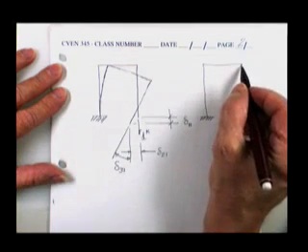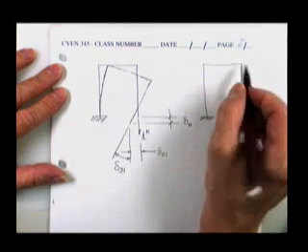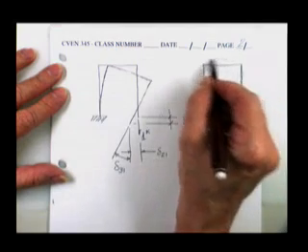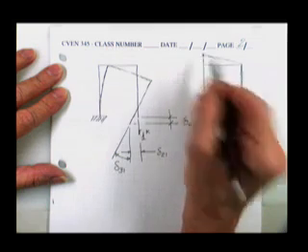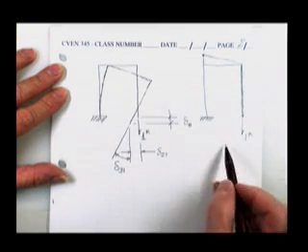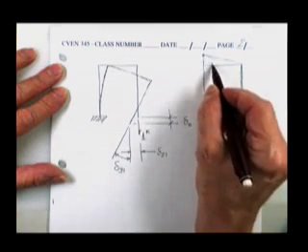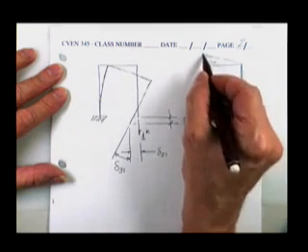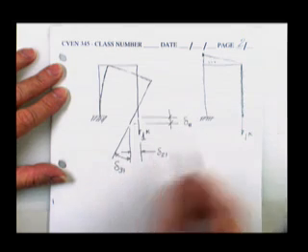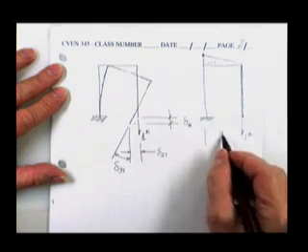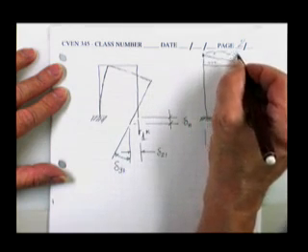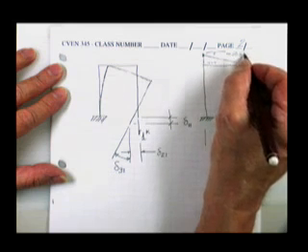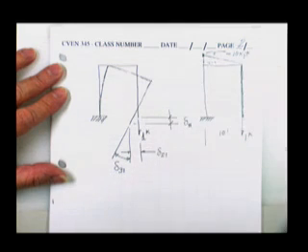So this will be a negative. I don't care where you plot it, but I do care what you label the moment. That is pulling down. It's causing tension on the outside of the frame. This number right here is 1 times 10, and therefore this is a minus 10 for the moment.